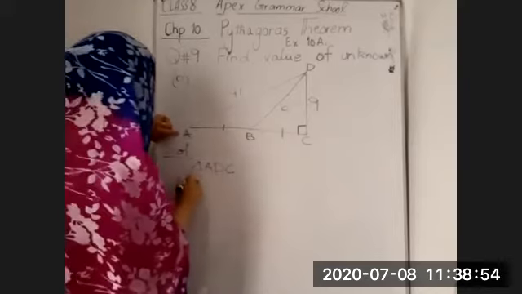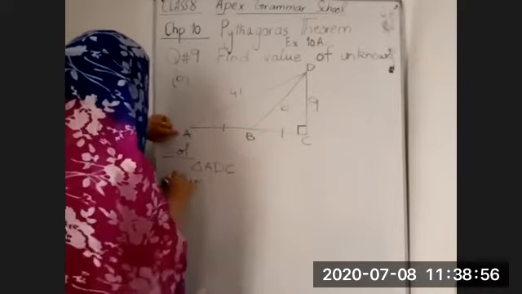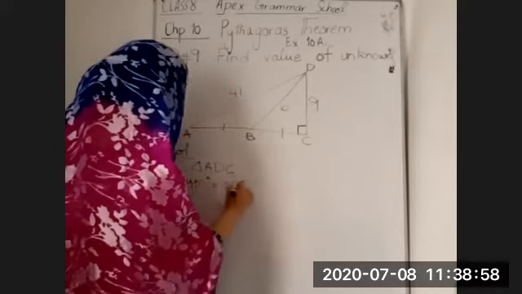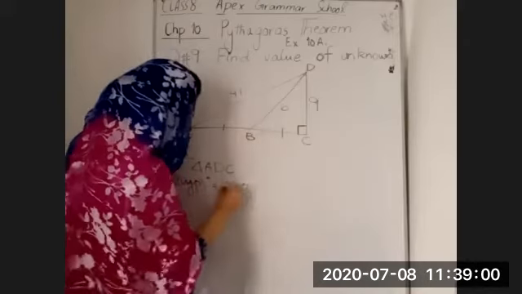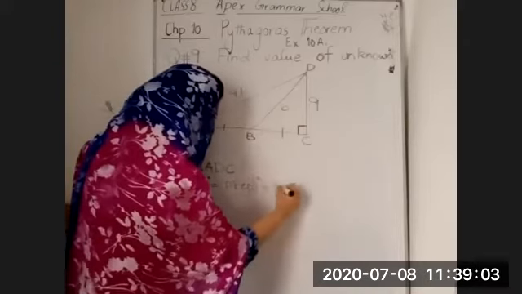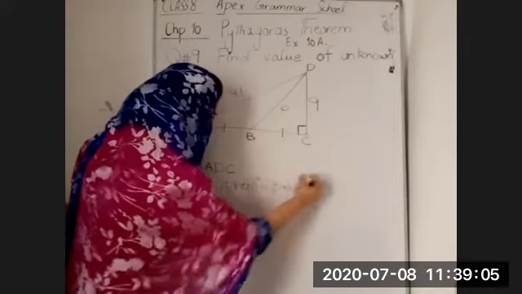So by writing the Pythagoras theorem, hypotenuse square is equal to perpendicular square plus base square.